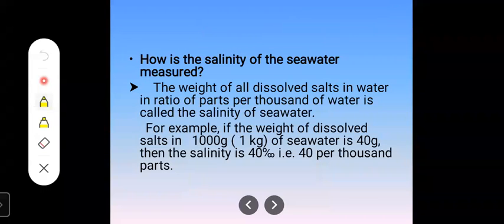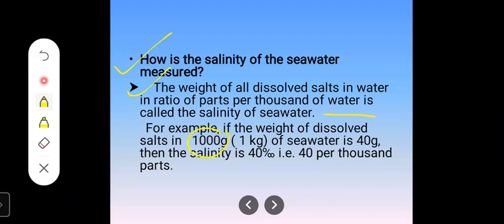Now, here you can see the question in front of you all. How is the salinity of the seawater measured? The weight of all dissolved salts in water in the ratio of parts per 1000 of water is called the salinity of the seawater. For example, now see, we have done that activity about dissolving the salt.